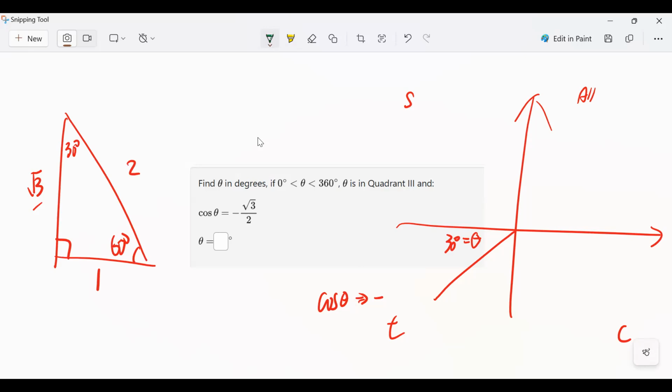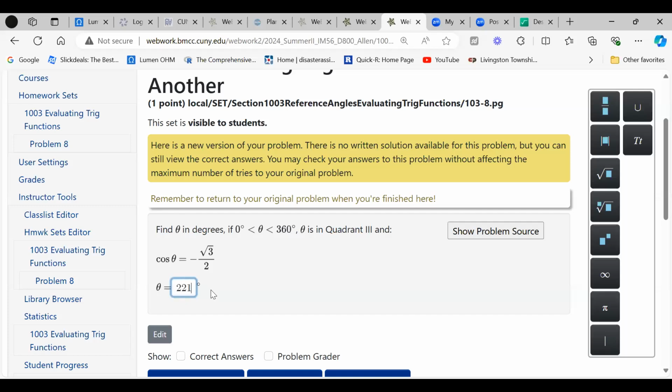The reference angle is 30, and then the angle itself would be 180 plus 30. So theta here should be 180 plus 30, which is 210 degrees. Does that make sense? Okay, very good.